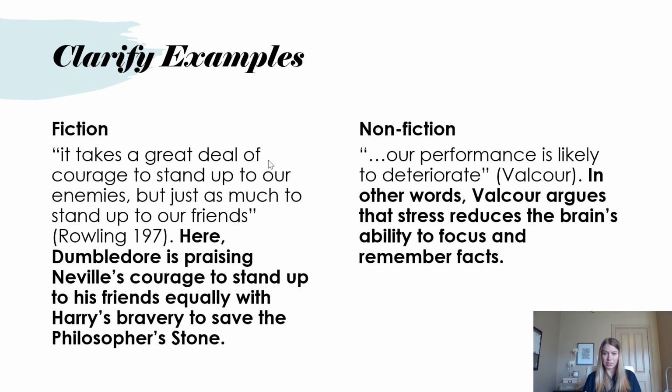And sure enough, that's what the clarify sentence tells us. Here, Dumbledore is praising Neville's courage to stand up to his friends equally with Harry's bravery to save the Philosopher's Stone. Ta-da!